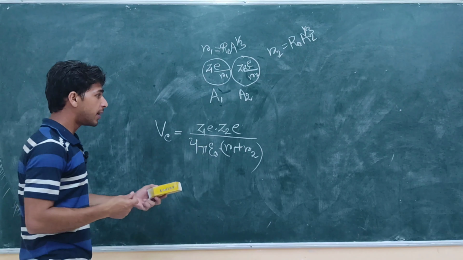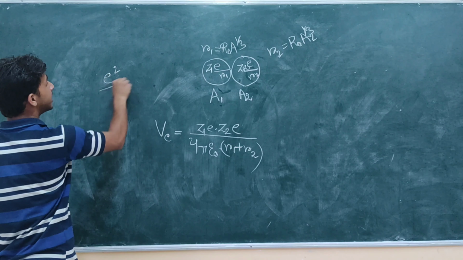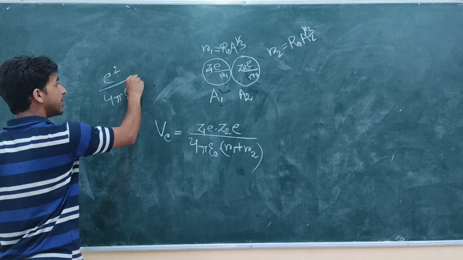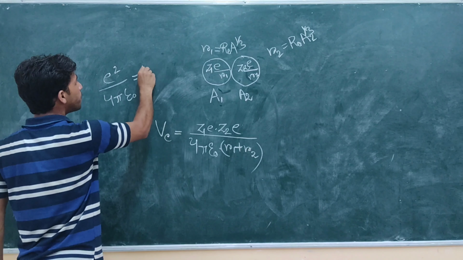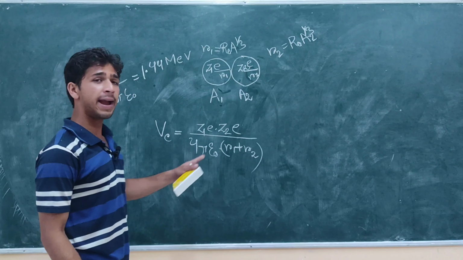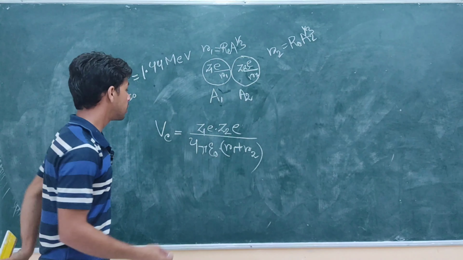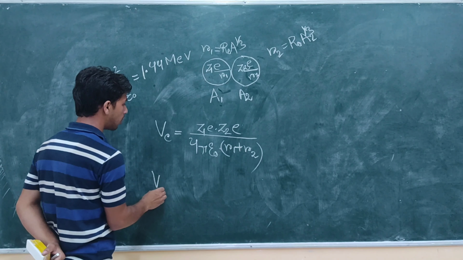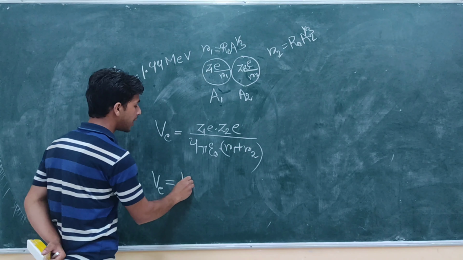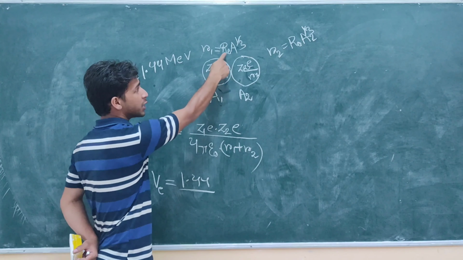If you simplify this further, because e squared divided by 4 pi epsilon naught has a standard value, which is 1.44 MeV fermi, and R1, R2 can be expanded by this formula, we have the final expression for Coulomb barrier potential given by 1.44 divided by small r0.